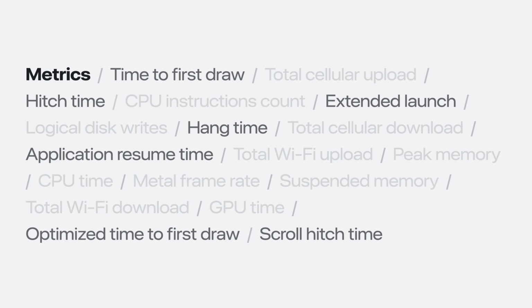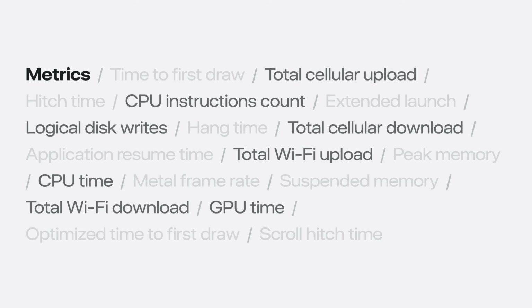Launch time, hangs, and animation metrics tell you how responsive and smooth your app feels. A slow launch can frustrate people and lead them to leave your app, while a fast launch gets people right into your app's core experiences. Resource consumption metrics like CPU, GPU, disk writes, and network transfers tell you how hard your app is working and how it's affecting device health.